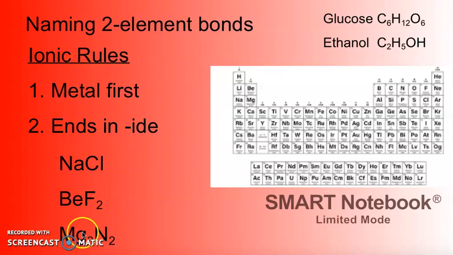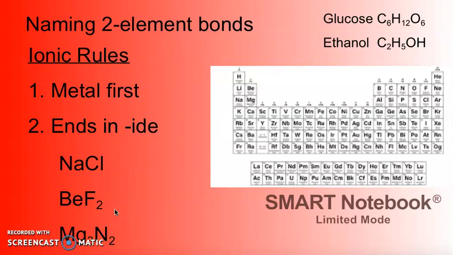Here we have magnesium and we have nitrogen. Magnesium is, of course, the metal. Nitrogen is not. It's over here on the far side. So following the rules, you have the metal first, magnesium, and then you have this next one ending in -ide, magnesium nitride. That's pretty straightforward.